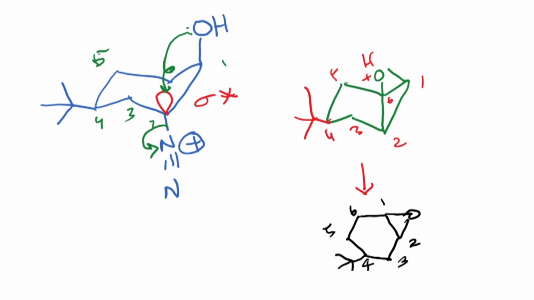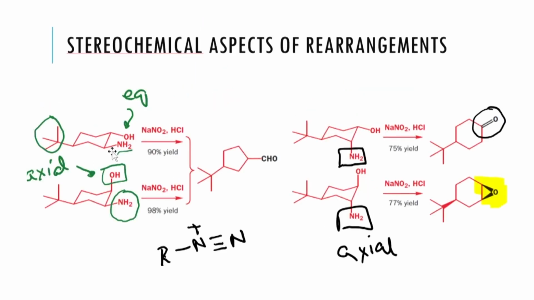So just to recap here, let's go back to this reaction and try to explain this. In this case, the diazonium salt is going to be formed here, and the bond that really moves here, that is close to the sigma star and is aligned properly to attack the sigma star, is this bond. Similarly here again, it's the same situation.